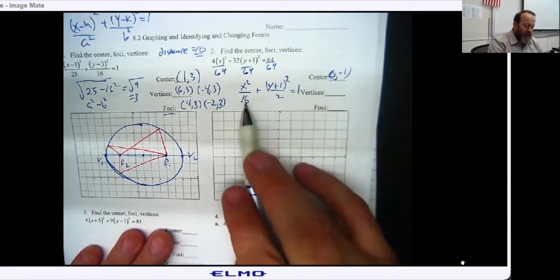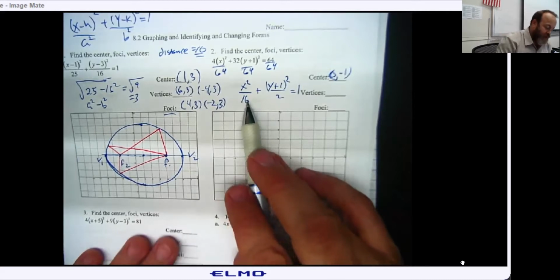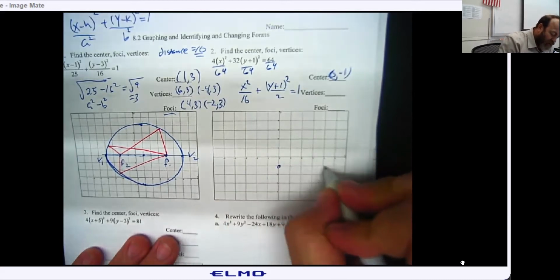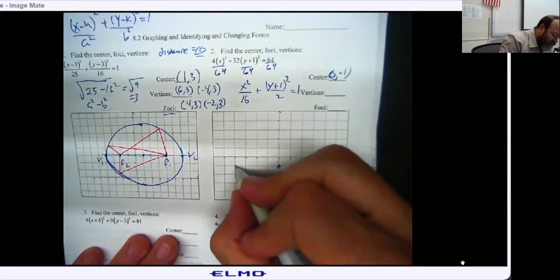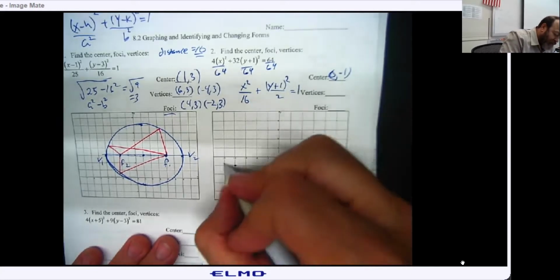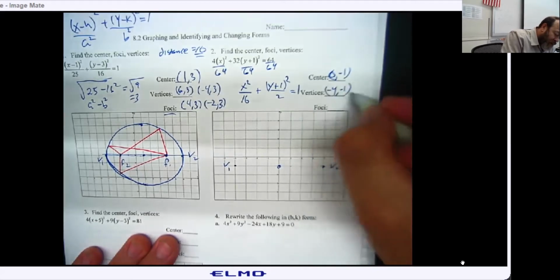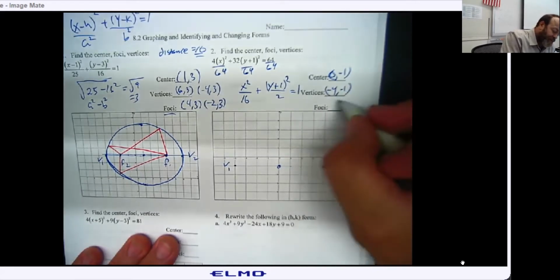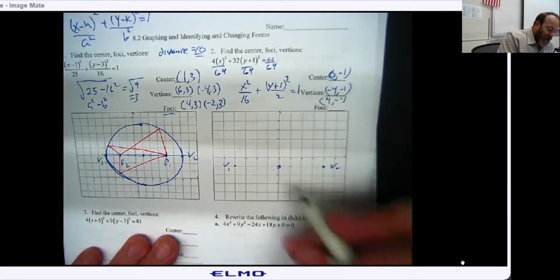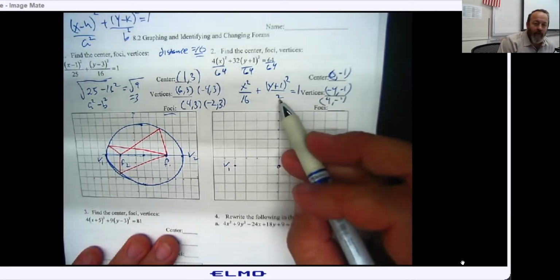Now, again, this one is larger than this one, so it's definitely going to have its larger axis in the x direction. So I'm going to go over 1, 2, 3, 4, and 1, 2, 3, 4. So my vertices, V1 and V2, are at (negative 4, negative 1) and (4, negative 1). And in the y direction, I'm going to go up and down.